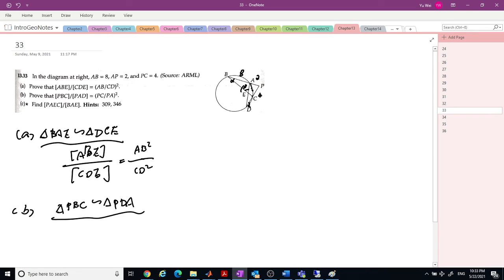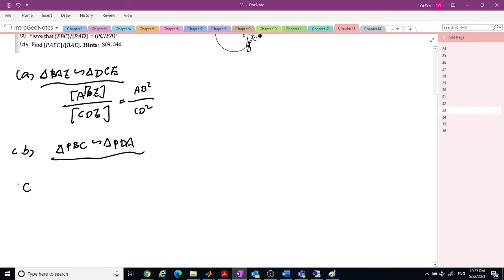Okay, so you can see we have a common angle. This is theta, right? So alpha and alpha, theta is the common angle. So that's why they are similar. Okay, so the corresponding side of PC corresponds to the alpha, and PA also corresponds to the alpha.